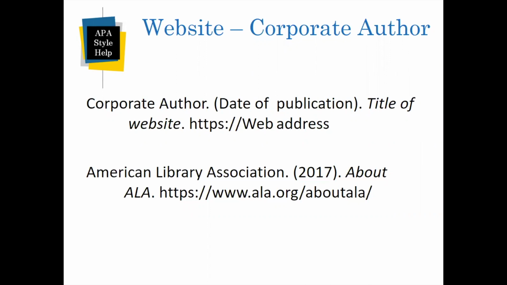So in this example, this is a website from the American Library Association, and we just put in the name of the association, American Library Association, as the author's name. We don't invert it. We don't do association, comma, American Library. We don't abbreviate it. We write out American Library Association, or Widener University, or GlaxoSmithKline. We write out the name exactly as it appears.